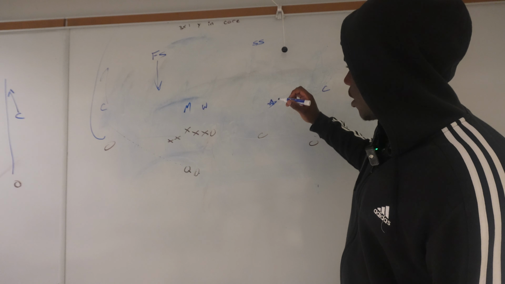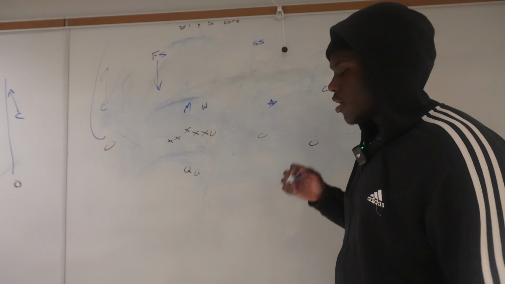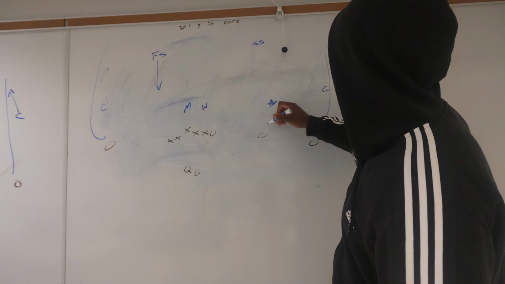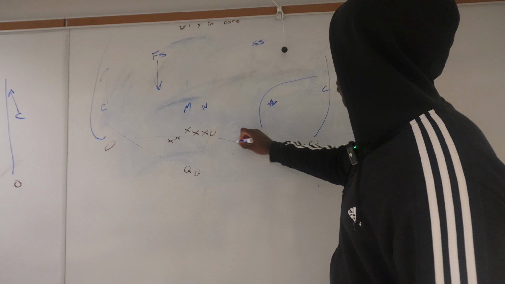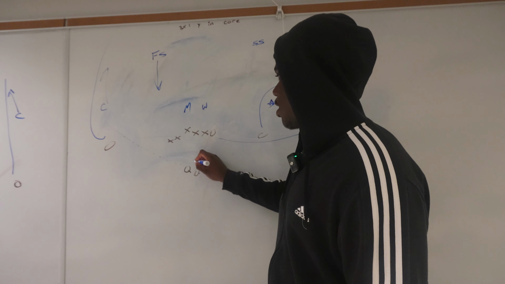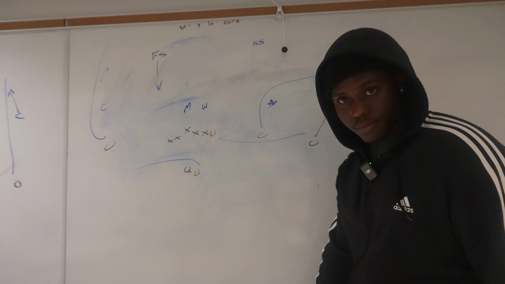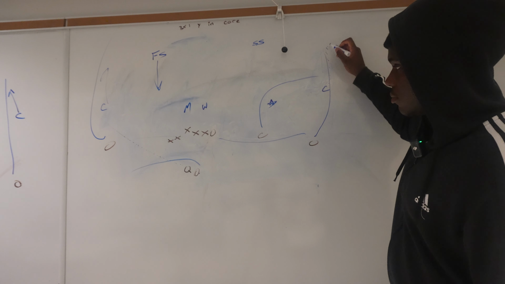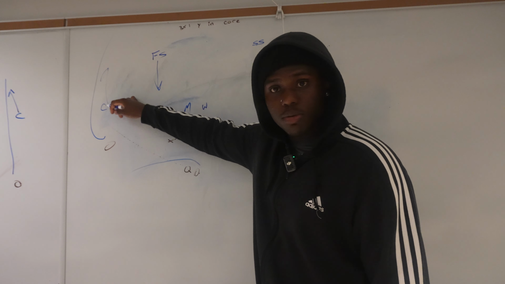The star is playing number 2. Now this is the concept I'm going to draw up. A flood concept. Back over here. So this guy is responsible for him. Deep third. This corner is responsible for him.